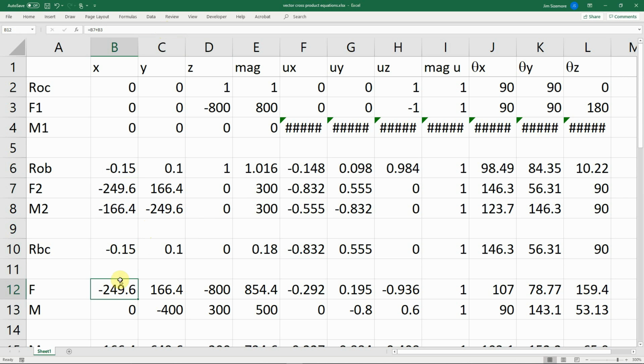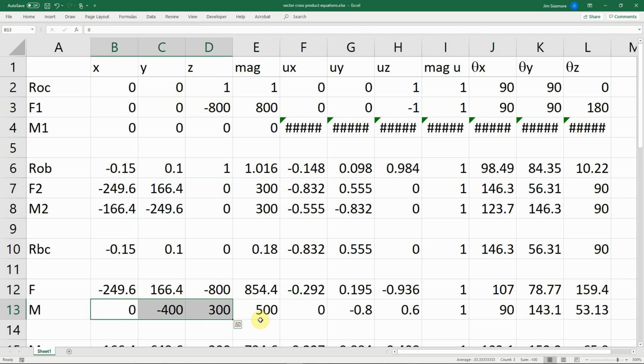So add up the forces. There we go. Add them up to get the total F, and the total moment. This is the applied moment, not the total moment.